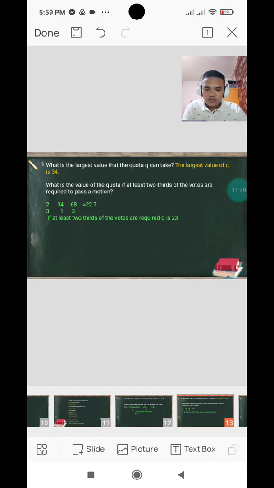So, 68 divided by 3, we have 22.7. If at least 2/3 of the votes are required, quota is 23.